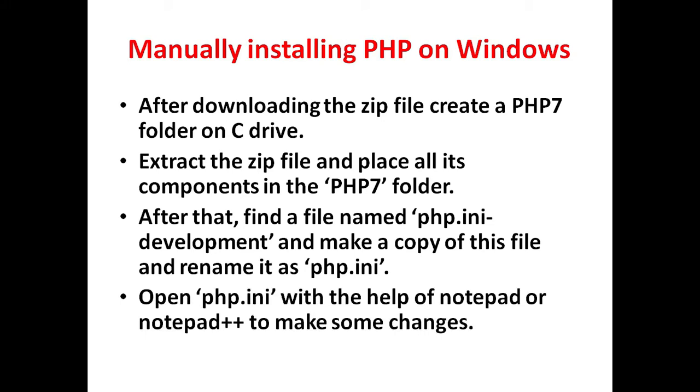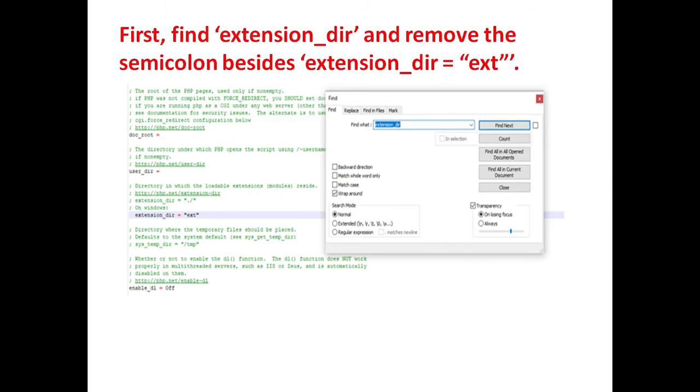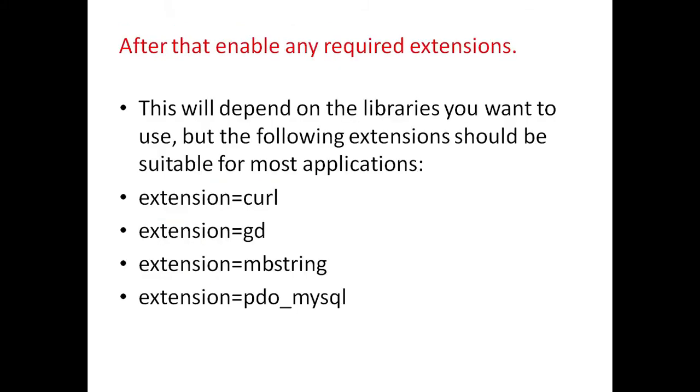Open php.ini with the help of Notepad or Notepad++ to make some changes. First, find the extension_dir and remove the semicolon beside extension_dir = "ext". After that, enable any required extensions.